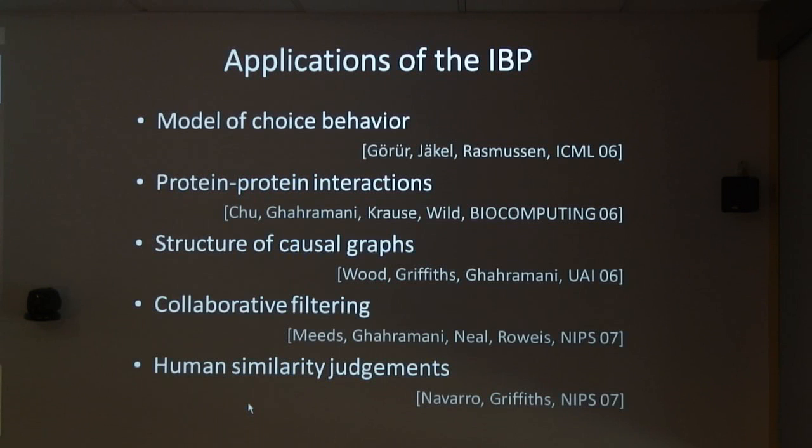So here's a set of examples of applications of the beta process or Indian buffet process, and this is more recent than the Dirichlet process, so it has fewer applications, but growing.